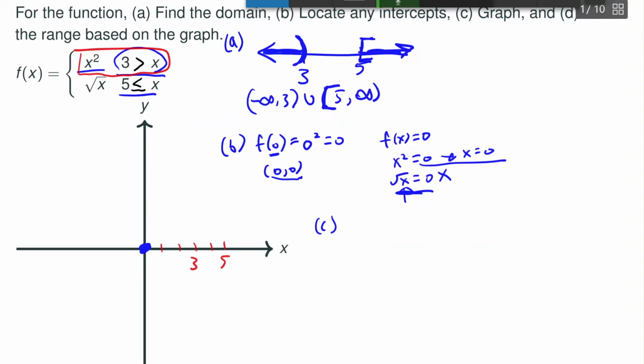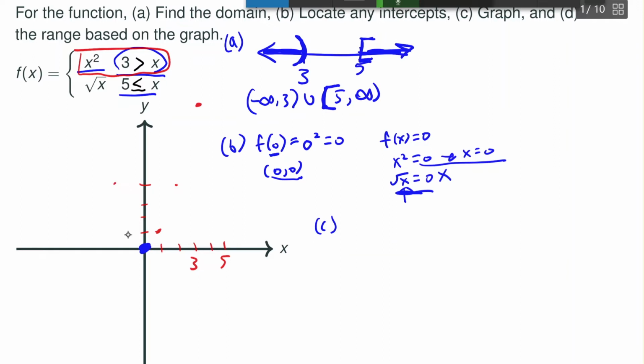So we're going to draw less than 3 first. So the x squared, the quadratic, this is parabola, it has shape of something like this. And of course, we can pick some points, right? When it's 1 is 1. When it's 2 is 4. When it's 3 is 9. So maybe it's all the way here.